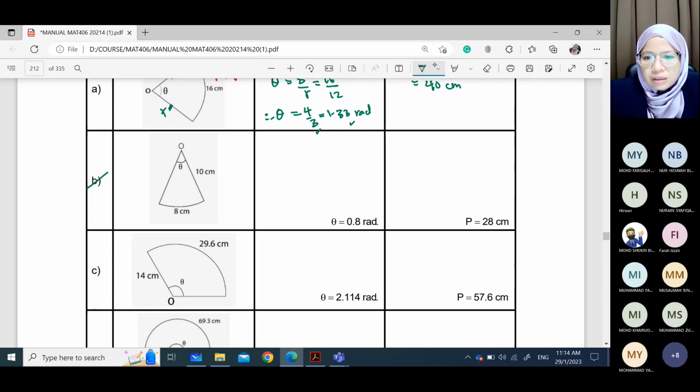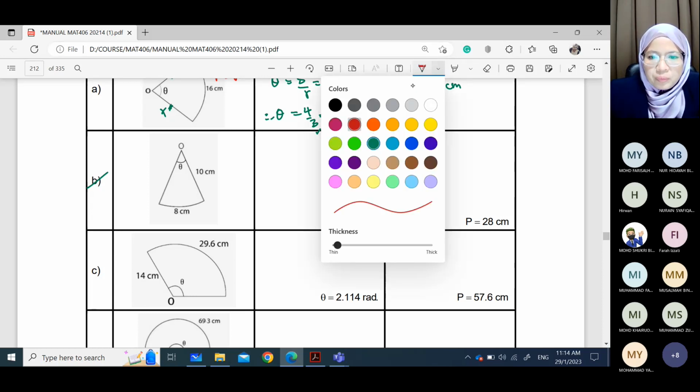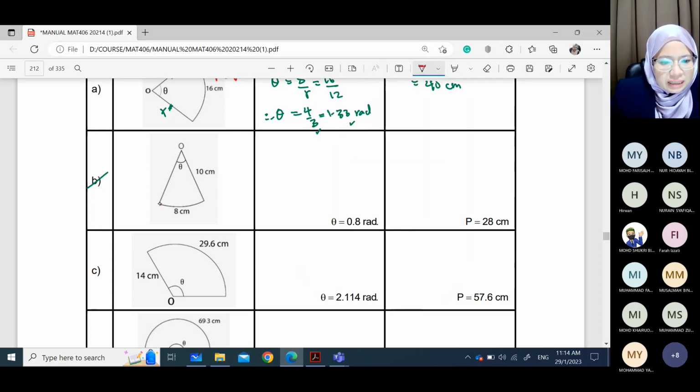Okay, kita tengok B pula. So B, S dia adalah yang ni. Arc length, S is 8 cm and the theta kita tak tahu. And the radius, so this is a radius. So radius, ingat radius adalah jarak daripada center kepada end point, hujung ni. Okay, so inilah radius. So radius is 10 cm. Okay.